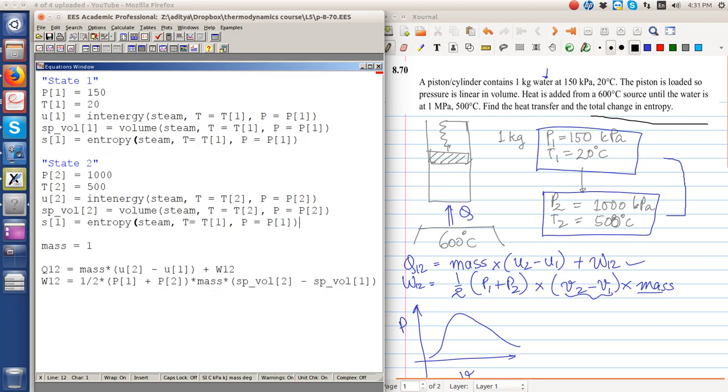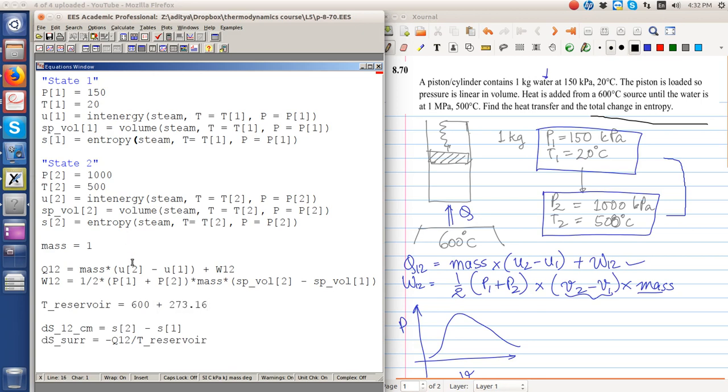Similarly, for the second state, ΔS12 for the control mass is equal to S2 − S1. ΔS for the process for the surrounding is equal to −Q12 divided by T_reservoir. The T_reservoir is given as 600 degrees Celsius.